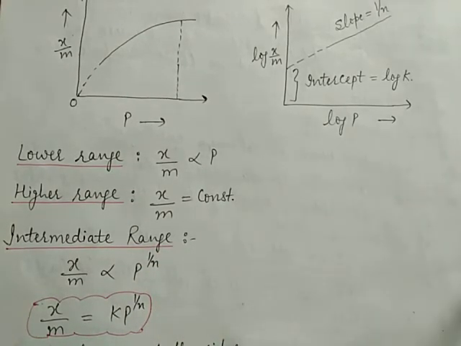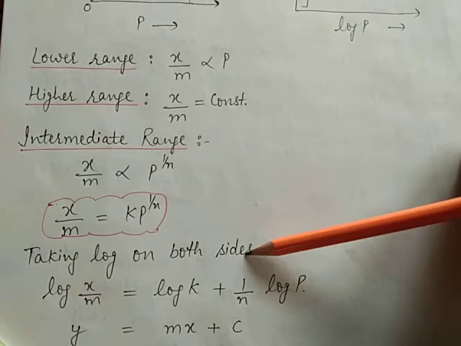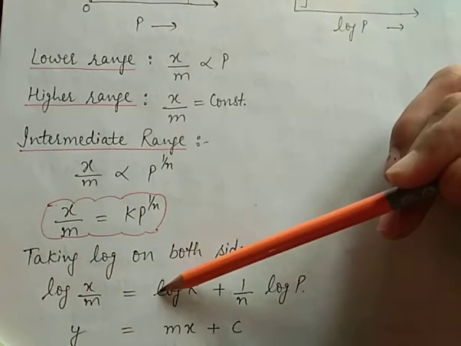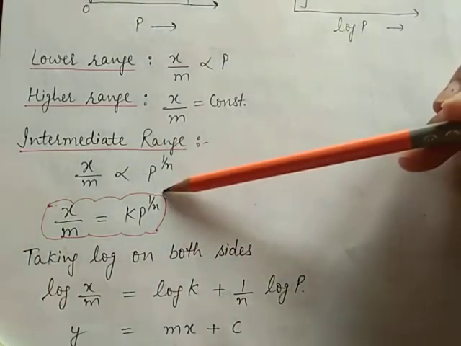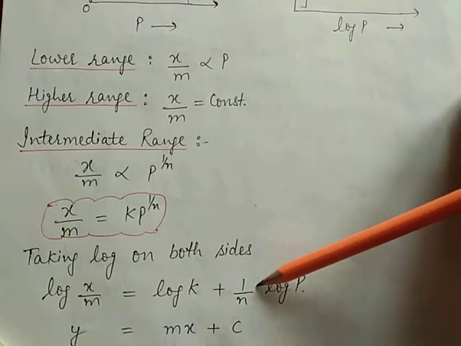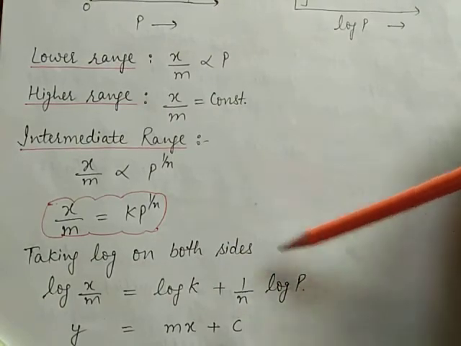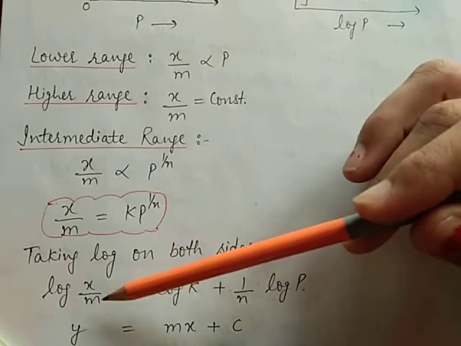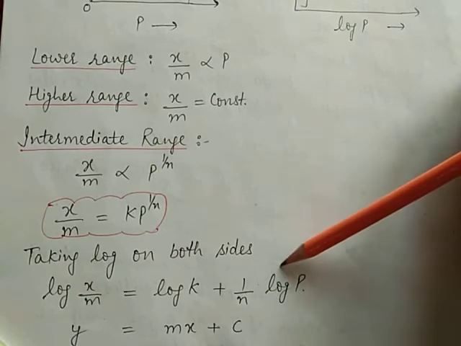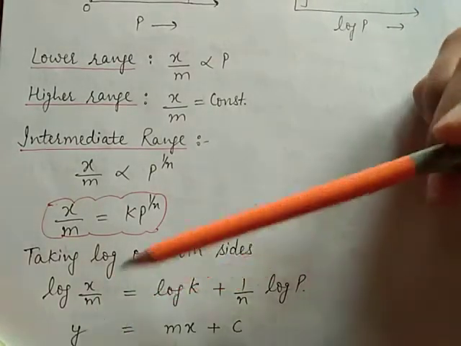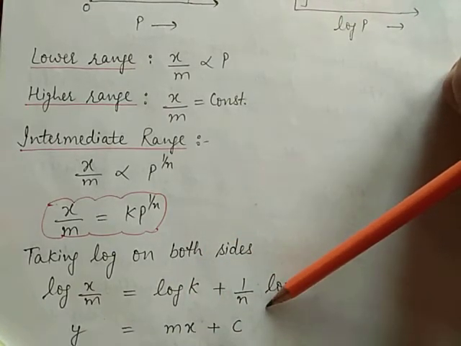So here we take the log on both sides. Log of x by m is equal to log of k plus 1 by n log of P, which means the power comes before the P term, 1 by n log of P. So here we plot the graph of log of x by m versus log of P. Suppose this is the y-axis, and here y = mx + c.